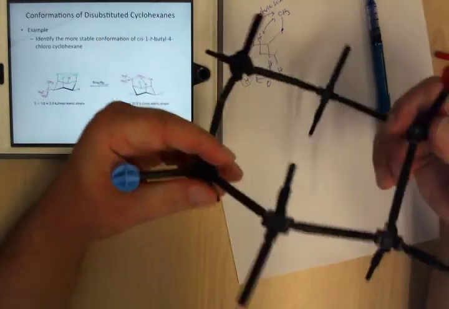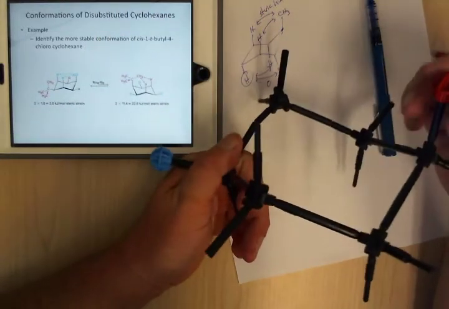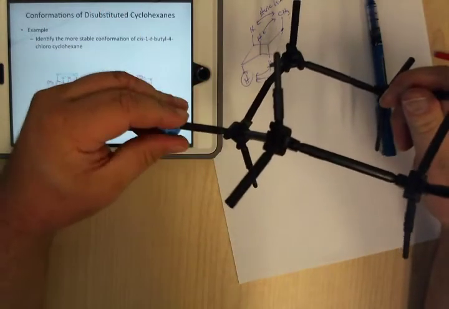There we go. So here's the chlorine. Here's this giant T-butyl group.